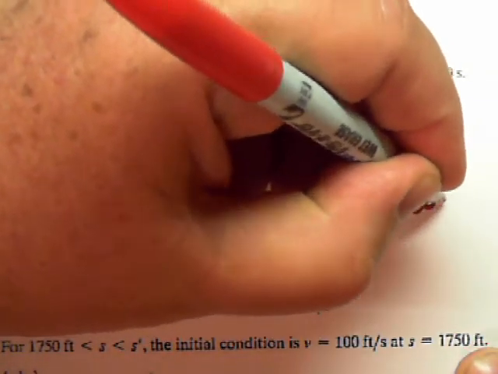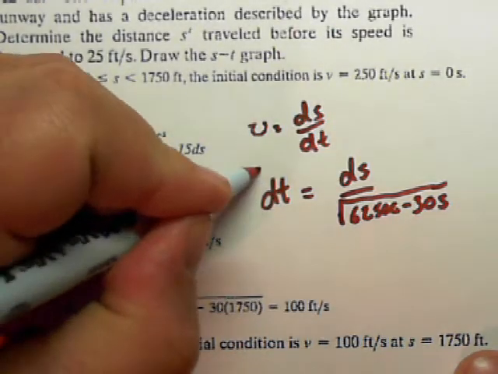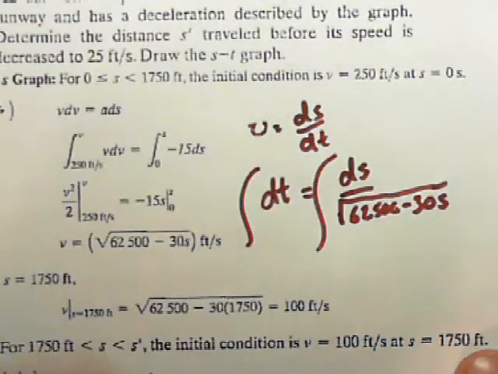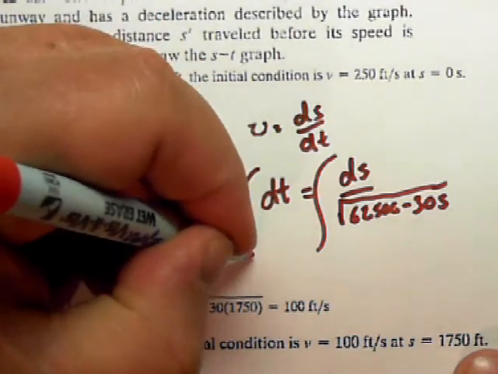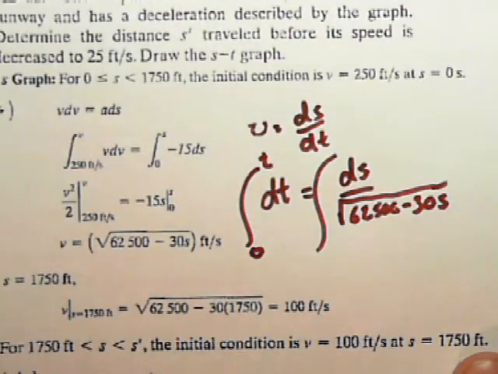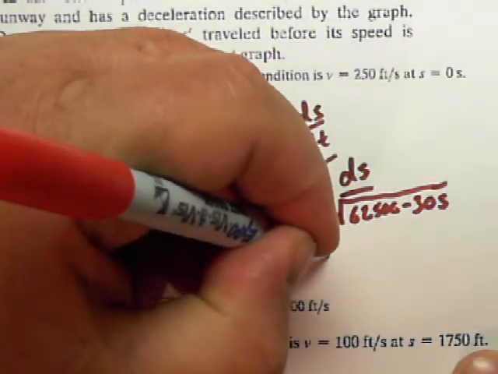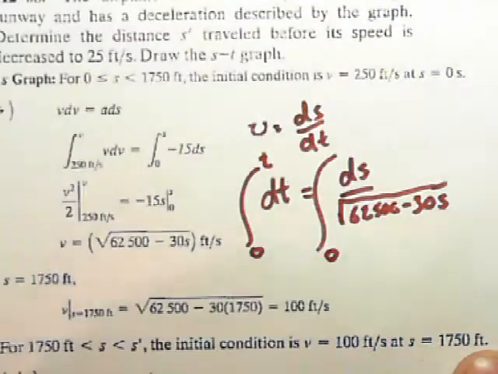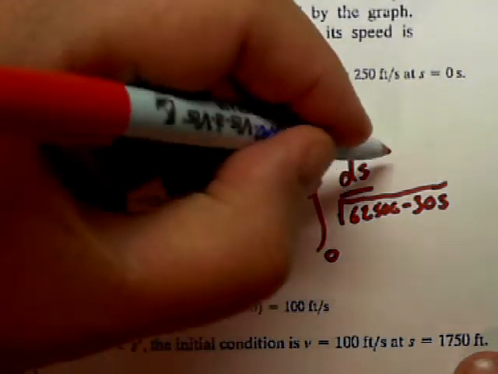minus 30s, and then we can integrate both sides: dt as t goes from 0 to some indeterminate t, and in that interval s is going to go from 0 up to the 1750 point, but we're not ready to plug that in.